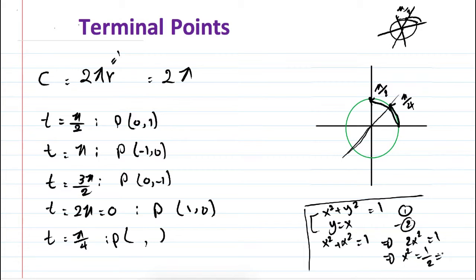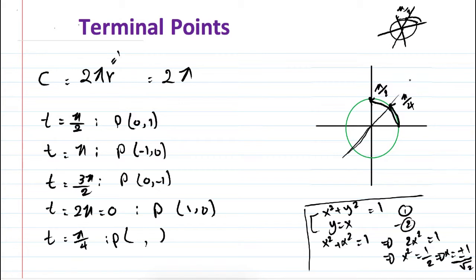And from this, I have x equaling positive or negative 1 over the square root of 2. That means this point that I have right here at t equaling pi over 4 will have x and y equal to plus or minus 1 over the square root of 2. Which one is it?